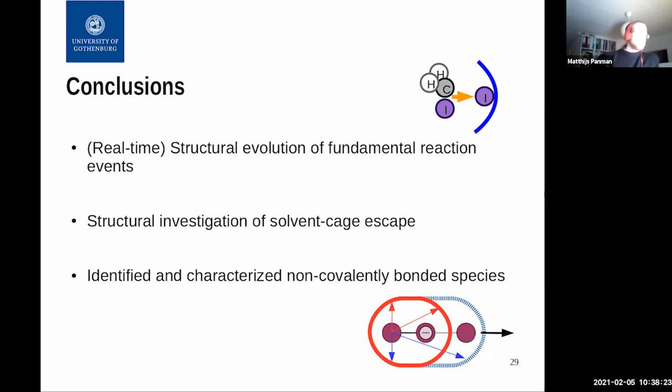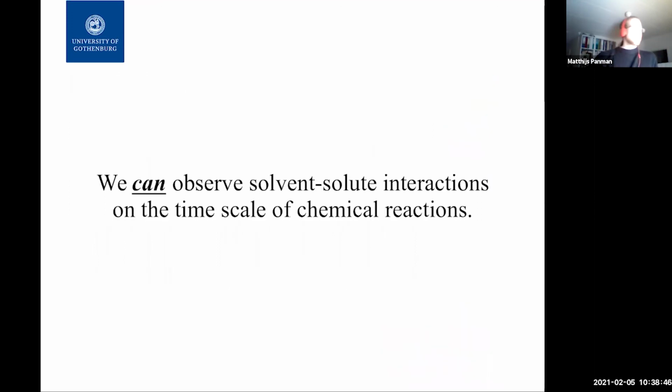And we've been able to identify species which have not been characterized with spectroscopy because of the structural sensitivity of TR-WAXS, because time-resolved wide-angle X-ray scattering is sensitive to atomic distances and not to electronic states, which require chemical bonds generally. And so I think we can amend the original statement that with time-resolved wide-angle X-ray scattering, we can observe solvent-solute interactions on the chemically relevant timescales.